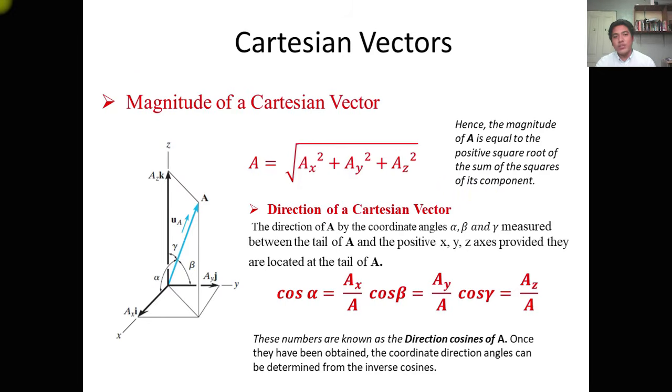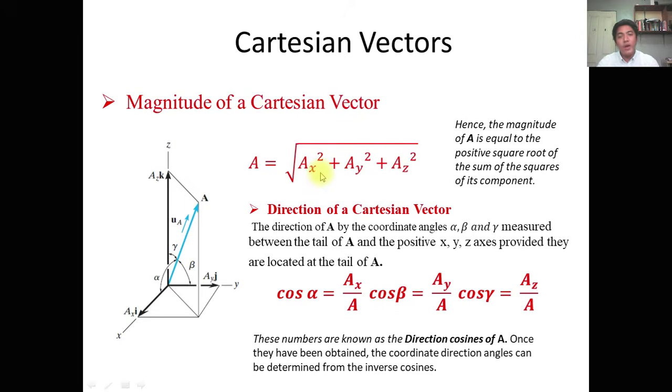So, what is the magnitude of a vector? Again, the magnitude of a vector is basically the length of the vector. The magnitude of a vector always results in a scalar, and it is given by this formula: the magnitude of the vector A is equal to the positive square root of the sum of the squares of its components.